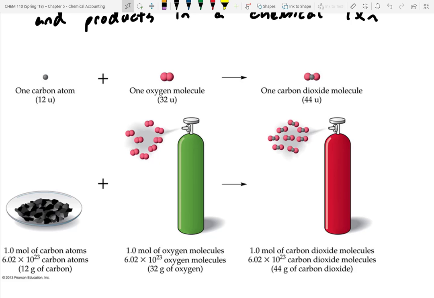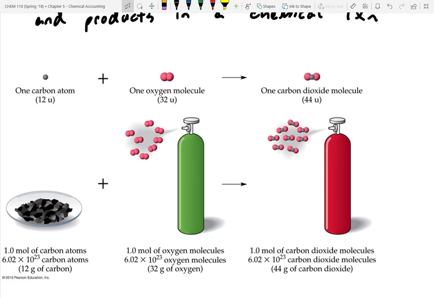So for example, right below it, it says if you have 1 mole of carbon atoms, that means you need 1 mole of oxygen molecules, and that will give you 1 mole of your final product. And you can convert that to number of atoms, which we know corresponds to Avogadro's number. And then below that, we can also correspond the moles to mass by using the atomic mass that we just practiced doing. In order to do any of this stuff, though, you absolutely must start with a balanced equation.